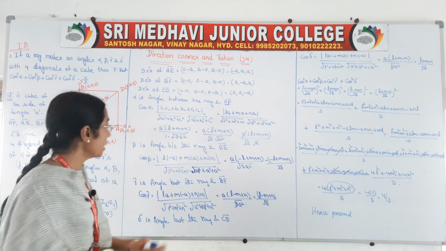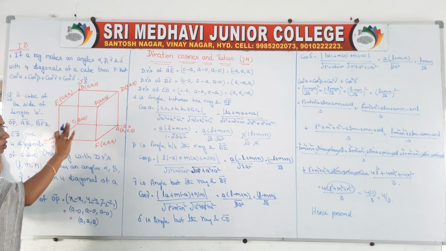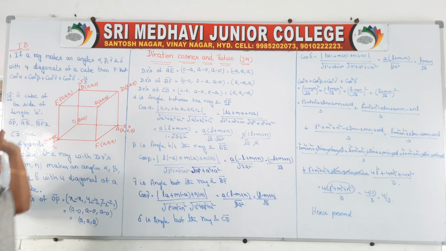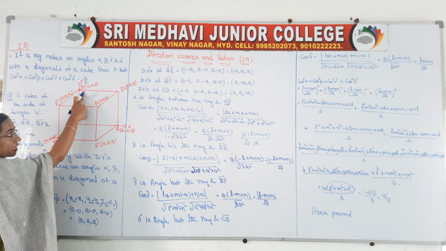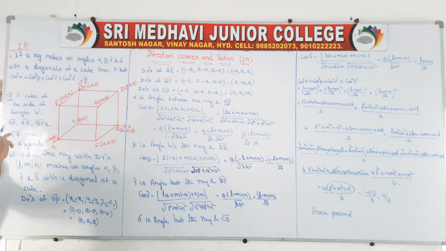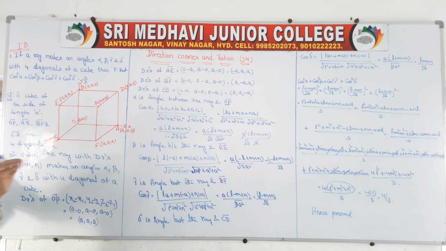So, be careful while taking the points on this cube. On the x-axis, a point means only the x coordinate will be there. On the y-axis we have taken a point, meaning the y coordinate. On the z-axis we have taken a point, meaning the z coordinate, and all sides are of equal length A. So all coordinates will be in terms of A only.